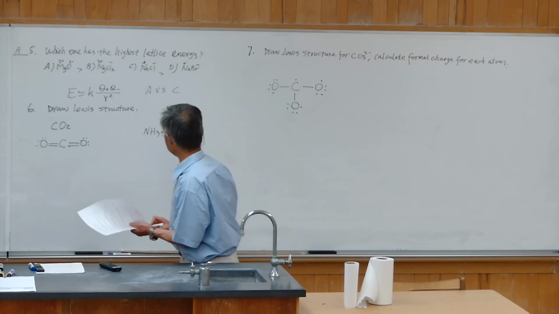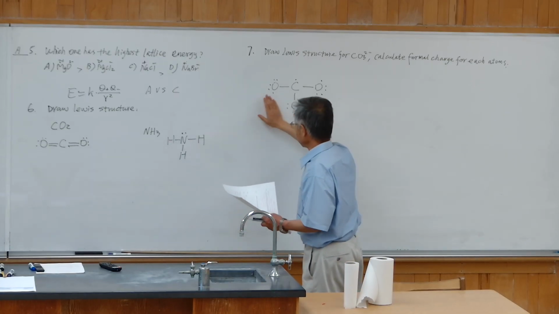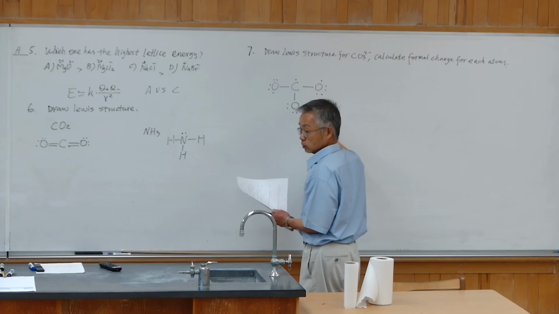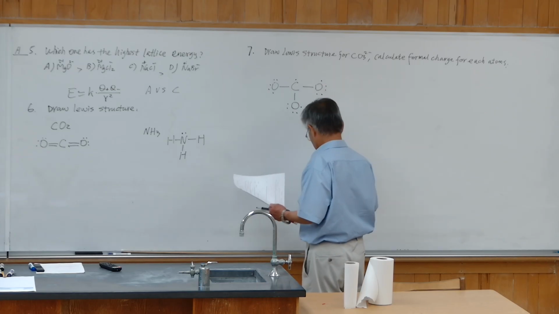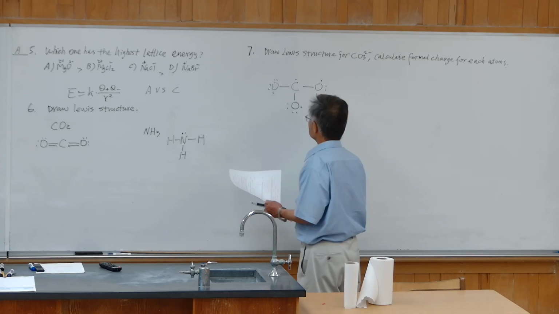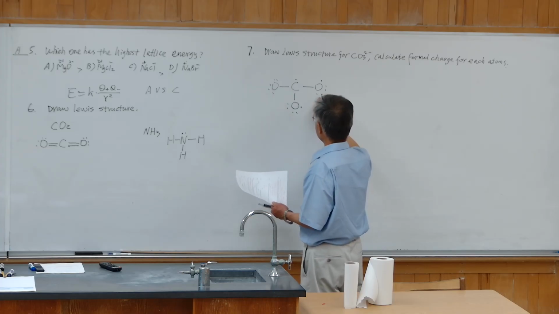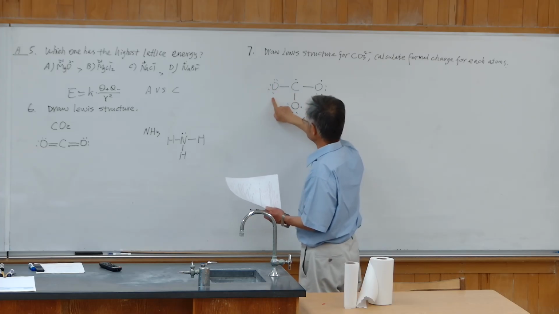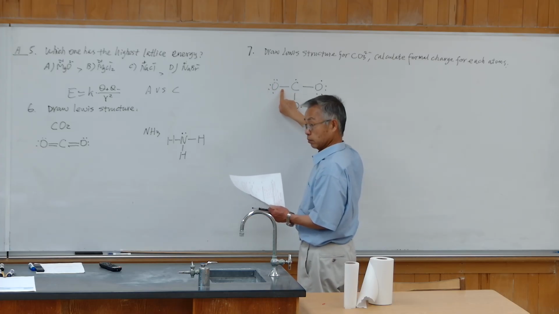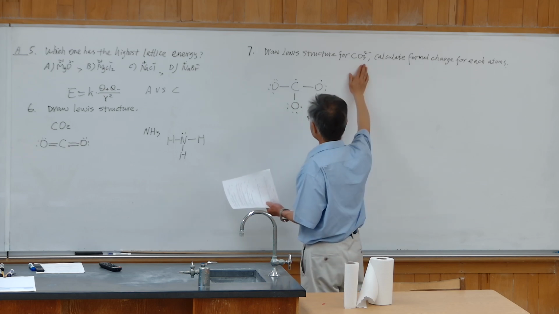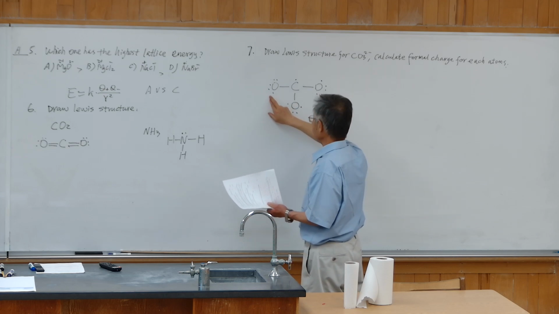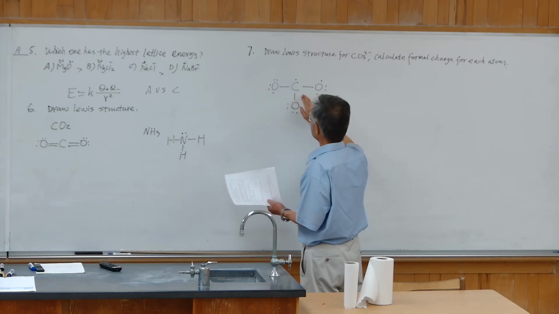So far, we only use these atoms' own electrons. We have not used the extra electrons yet. So, 2 extra electrons. Each oxygen needs 1 more, because this 5 plus single bond 2 is only 7, right? So we need to use 1 more. These 2 extra electrons will be assigned to any 2 of these 3 oxygen, but not carbon.